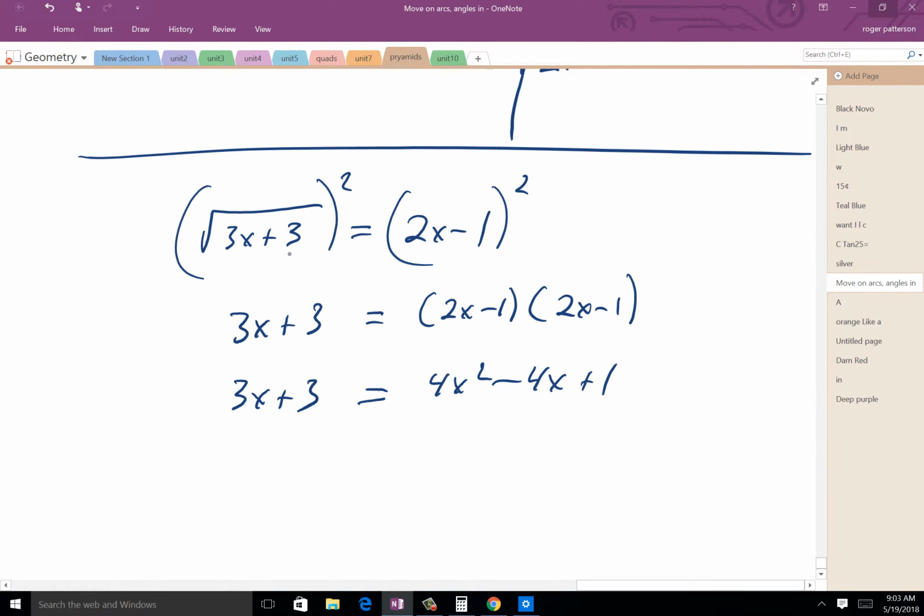Okay, so we square, get rid of the radical, square both sides. I wrote it twice, foiled, got that. It's a square, so I have to set it equal to 0 to get an answer. All right, so we'll shove that 3 over, shove the 3x over.